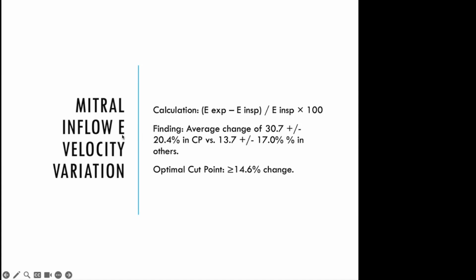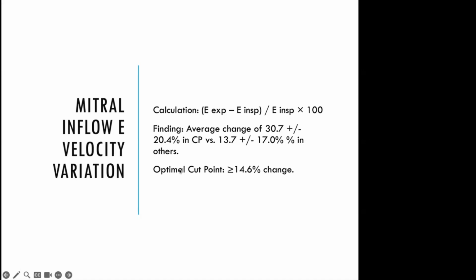The average change in constrictive pericarditis was 30.7% plus minus 20.4%. And in other cases, it was 13.7% plus minus 17%. In their study, the optimal cutoff point that they used in terms of optimizing both the sensitivity and specificity of this variable was a change of 14.6%.